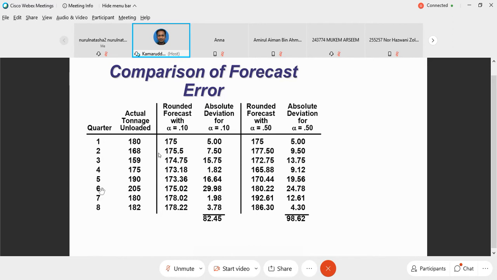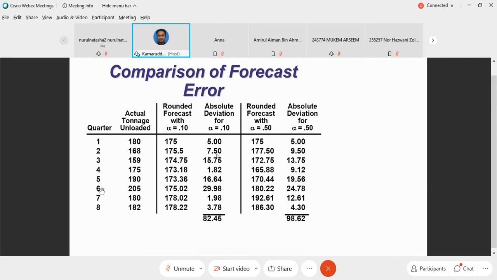For quarter 2, the actual demand is 168 and the forecast with alpha value of 0.1 is 175.5. So we have the absolute deviation of 7.5.